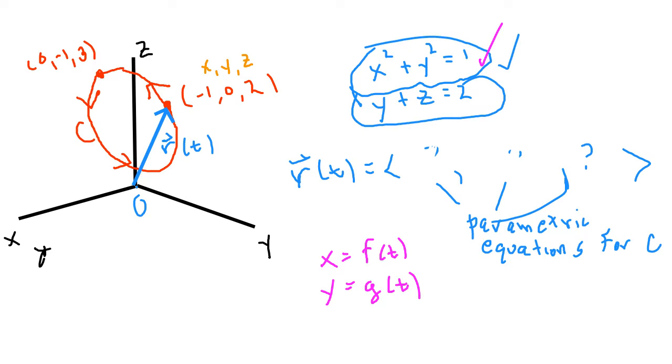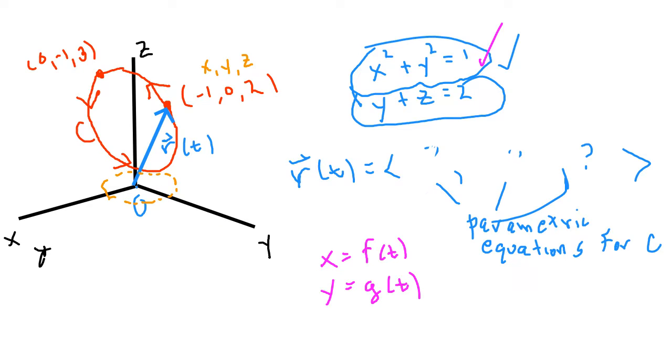What would the trace be? What would the outline of the oval be in the XY plane? Would it be a circle? That's right, Mary. It would be a circle. And a circle of what radius? 1, I believe. That's right.